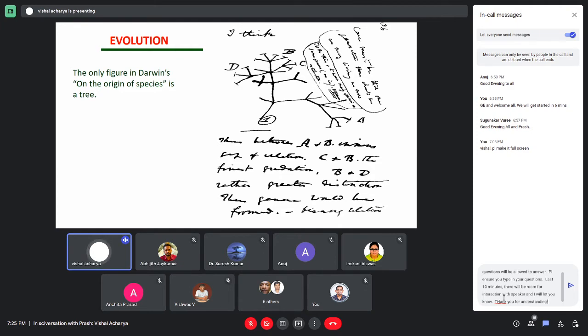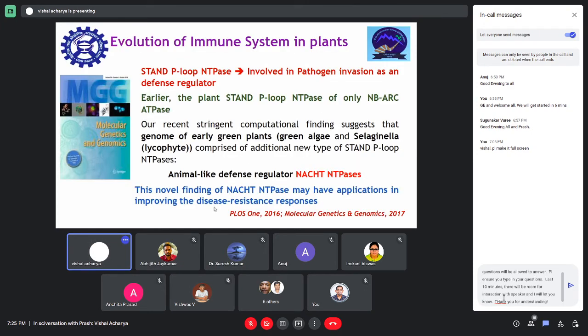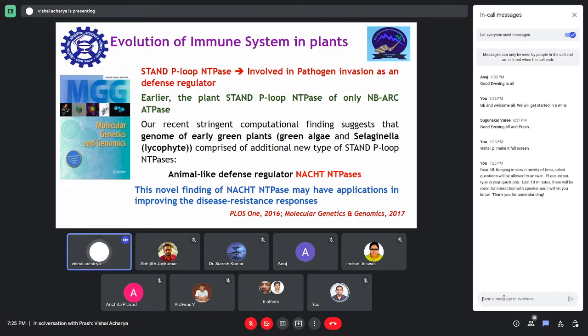So this one was about how I studied the evolution of the immune system in plants, published in 2017. What we found was an alternative immune defense.